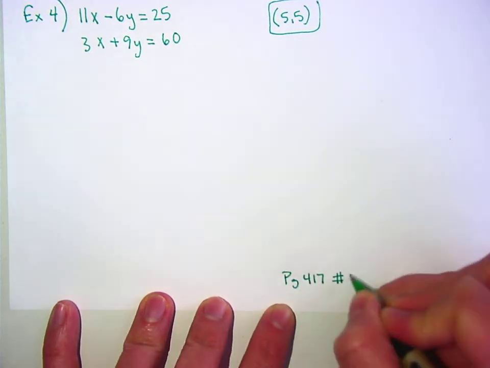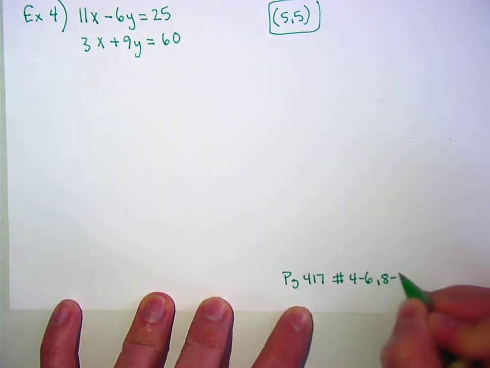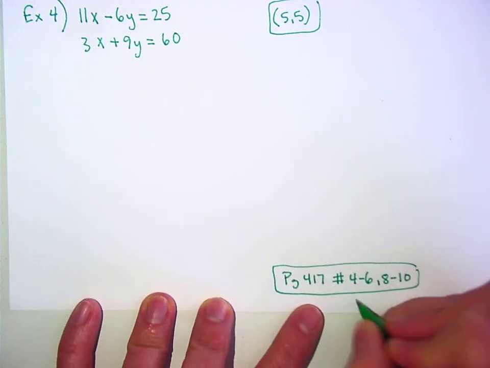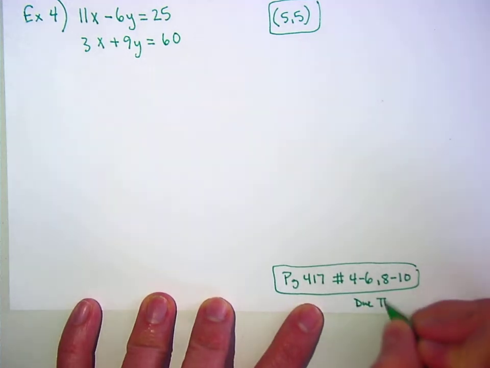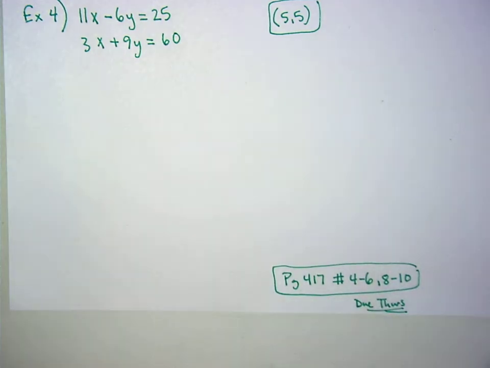I'm going to use the bottom equation, so 3x plus 9 times 5 equals 60. 3x plus 45 equals 60, minus 45 equals 3x equals 15, divide by 3, x equals 5.